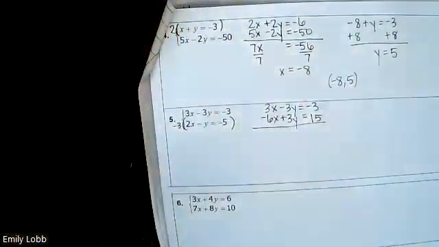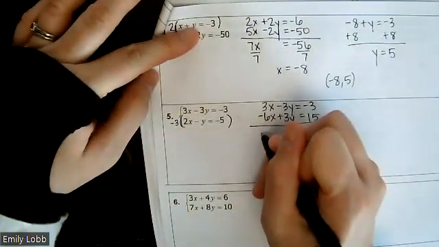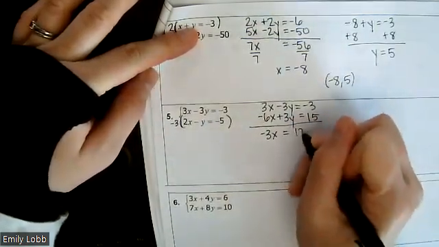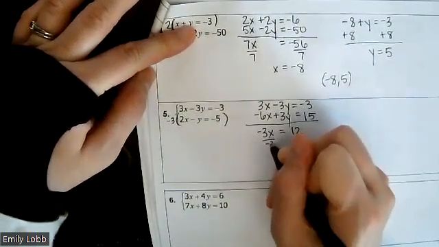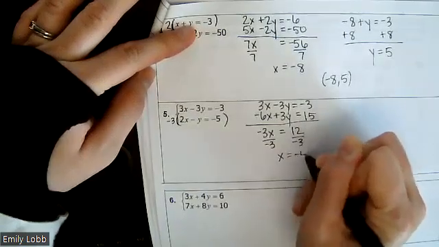Then I can add those babies up. So this becomes -3x. My y's go away. This is 12. When I divide both sides by the coefficient of x, x is equal to -4.